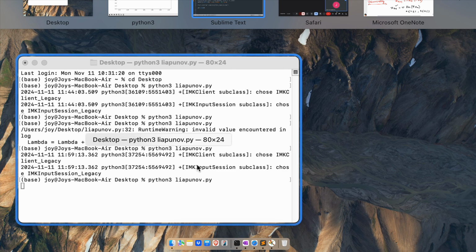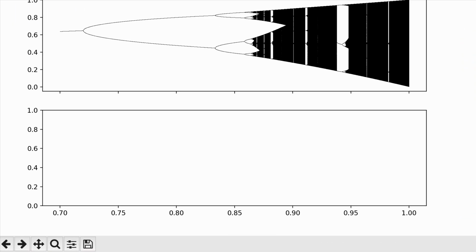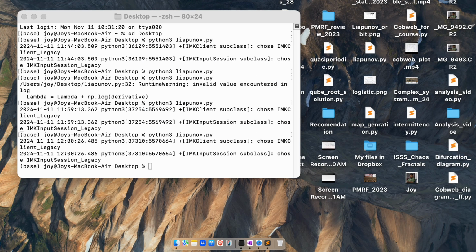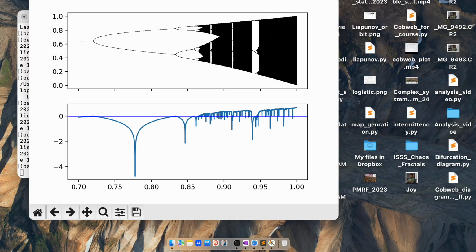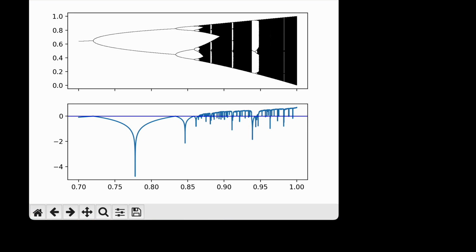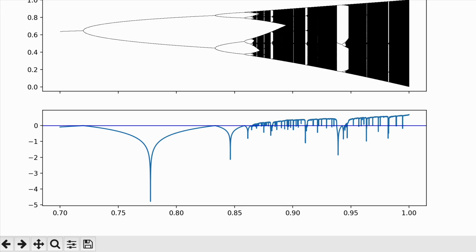First of all, let us see whether the Lyapunov exponent curve is showing right for the sinusoidal curve. Yes, you see this is not actually for the logistic equation; this is for the sinusoidal curve that I have changed in front of you. But you see that they are similar.